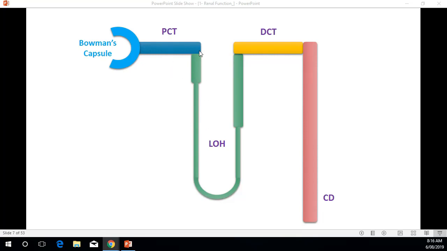The second part, which is a loop that goes down into the medulla, then comes back upwards. This is known as the loop of Henle. After the loop of Henle, there's another part of the tubule which is called the distal tubule or distal convoluted tubule. This one will then continue as the collecting duct.